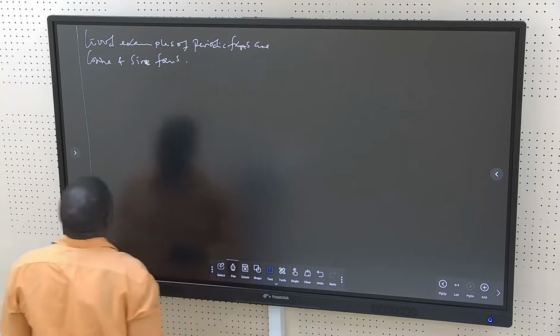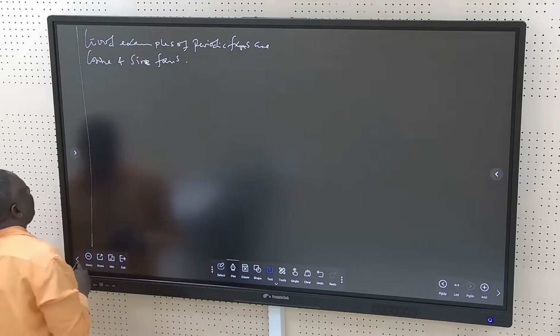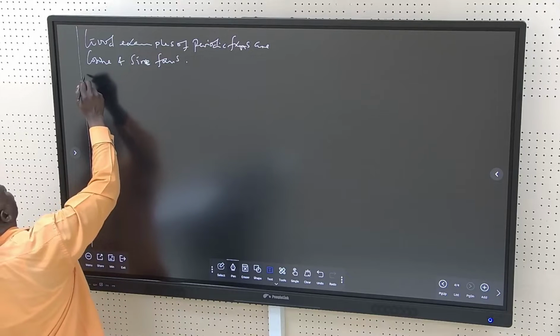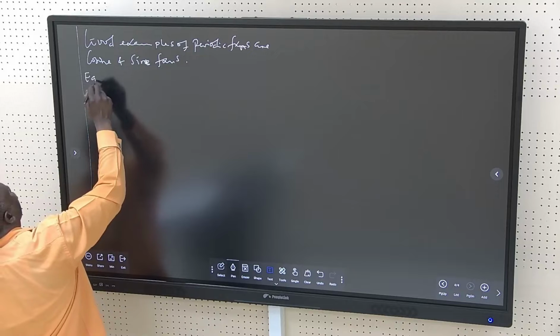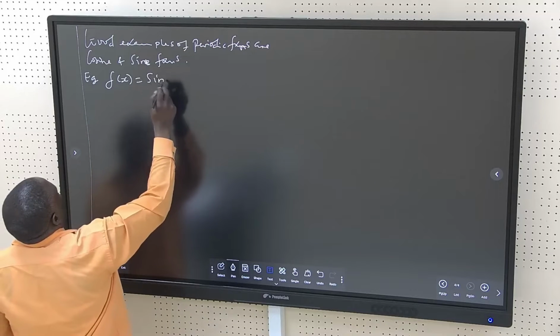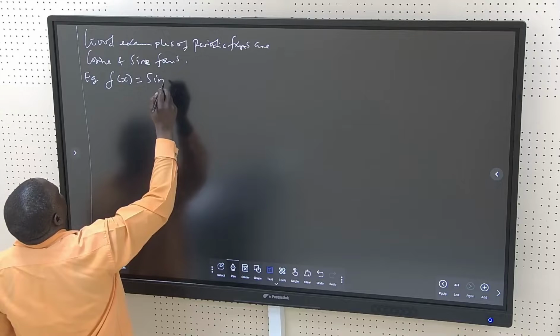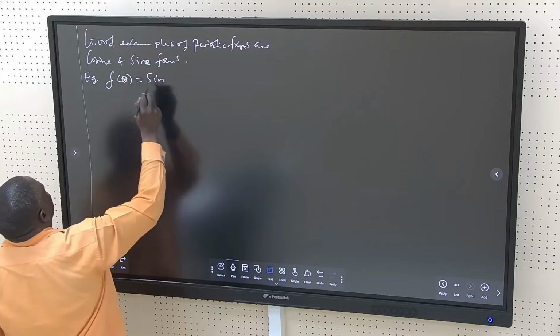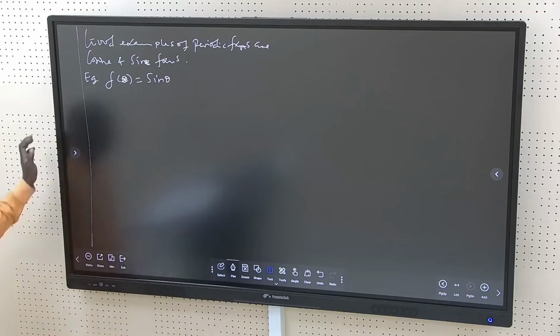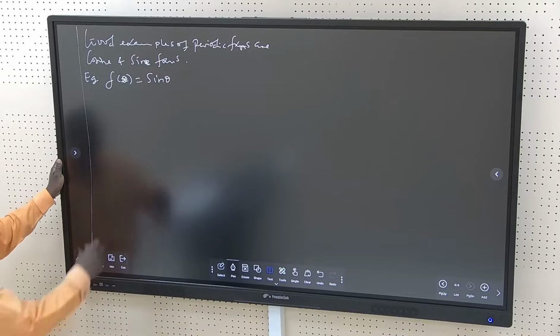So let us start with a sine function. Say, for example, we have f of x equals sine, let us use theta. f of theta equals sine theta. Let us see what the graph of the function sine theta looks like.